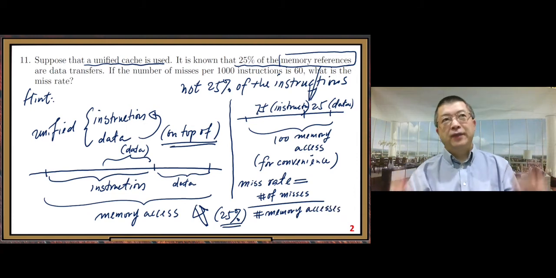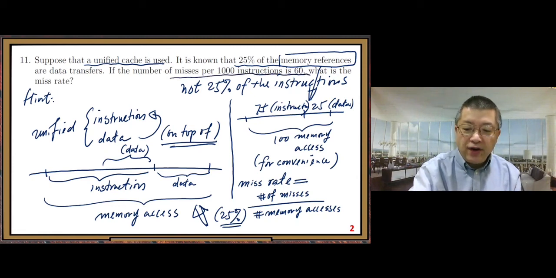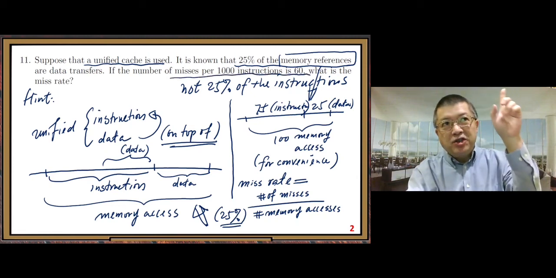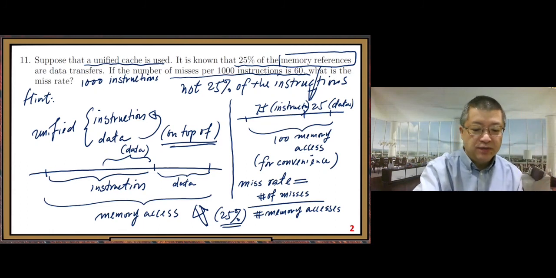Misses per 1,000 instructions is 30. We are given 1,000 instructions, and we have 60 misses.